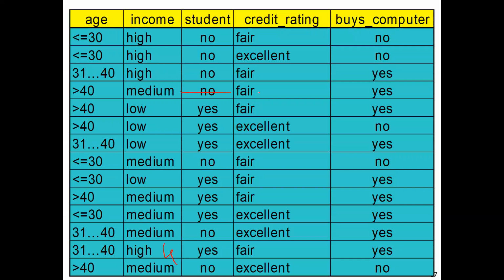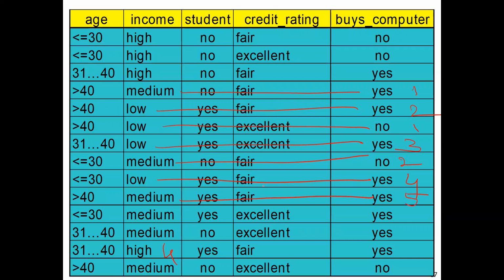First, for medium, 1 yes. For low, 2 yes. For low, 1 no. For low, 3 yes. Again for medium, no, 2. For low, 4 yes. For medium, 5 yes. For medium again, 6 yes, and again, 7 yes.